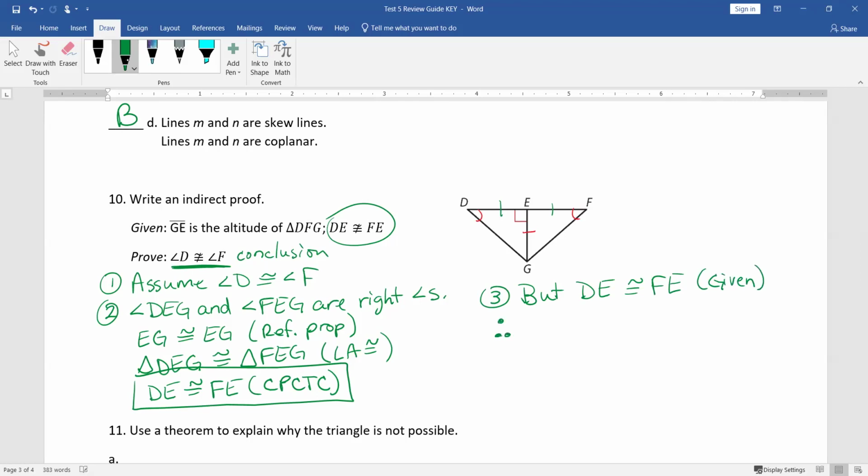Therefore, angle D must not be congruent to angle F. That should look somewhat familiar from the quiz that you just took as well. All of these are pretty similar.